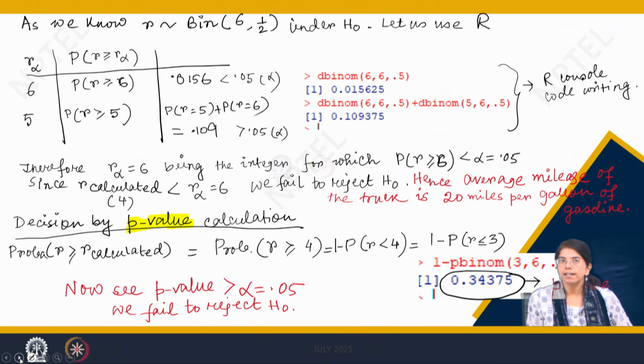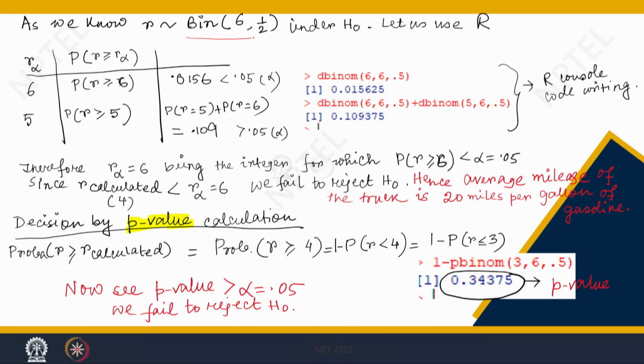First, I have shown you how to calculate r alpha manually. As we have seen, r is binomial 6, 0.5. Why binomial 6, 0.5? Because you remember that we have 6 observations. So, binomial 6, and under the null hypothesis the probability of falling to the left as well as to the right of the median is half.